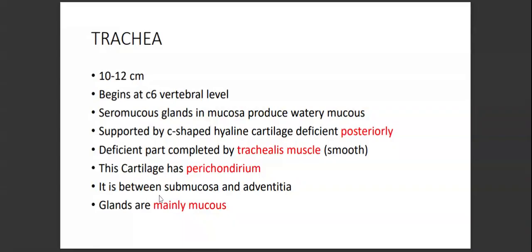So again, it is not only enough to know that there is this hyaline cartilage for support. You also have to be able to give the precise location of this cartilage in the wall of the trachea. Okay, so it is in between the submucosa and adventitia.